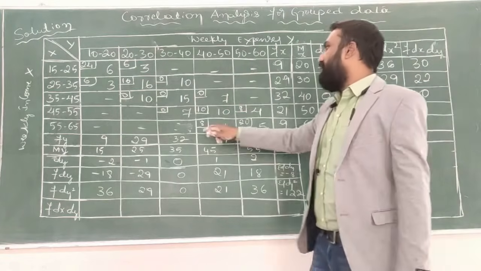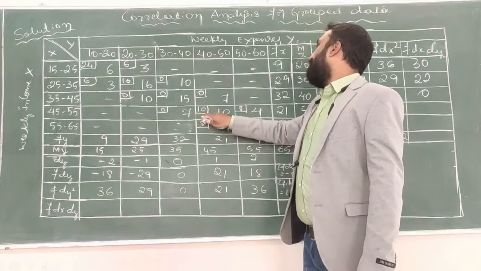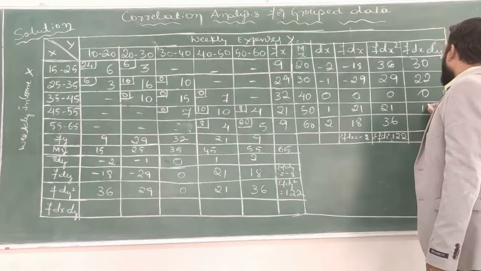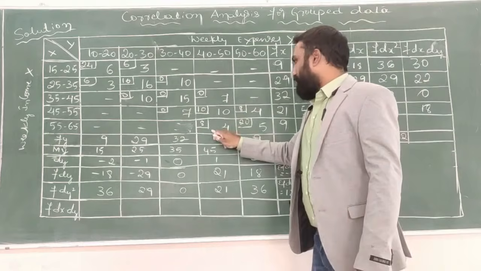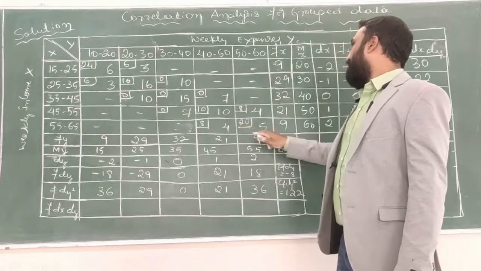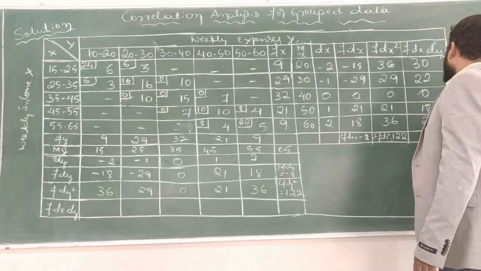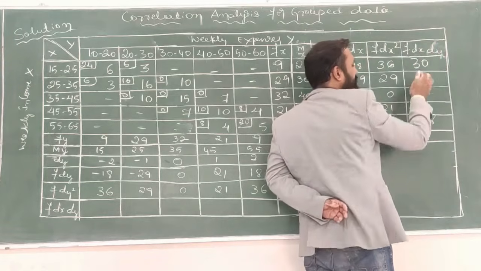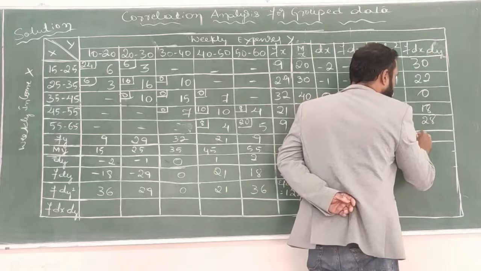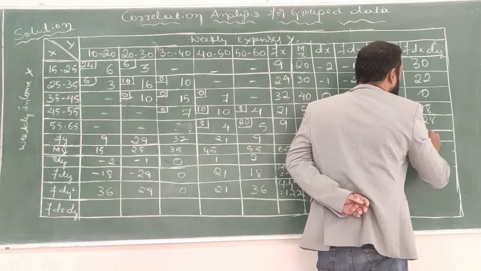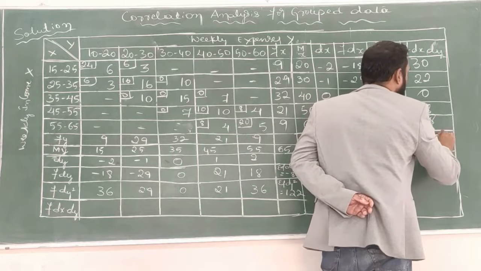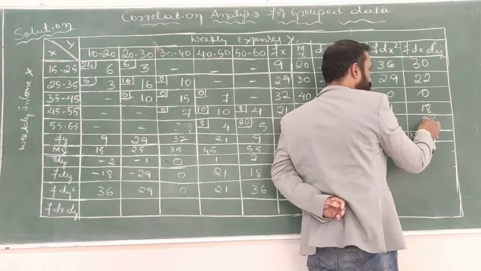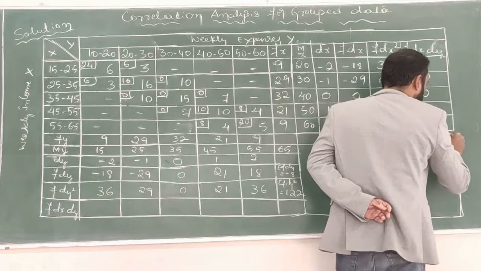The next is 10, 0, leave it, 10 plus 8 is 18. The next is 8 plus 20 is 28. If you sum all f into dx into dy, you will get summation f into dx into dy. Its value is 30 plus 22 plus 18 plus 28 is 98.